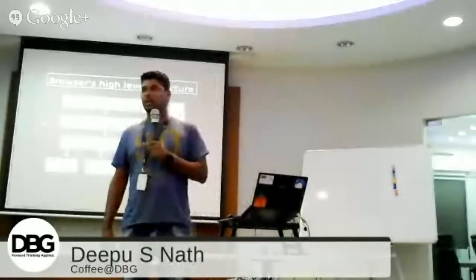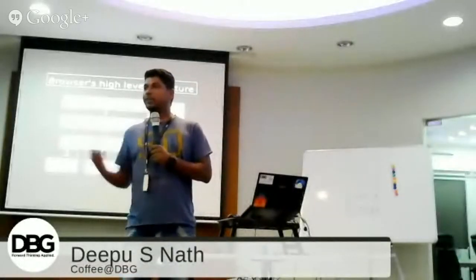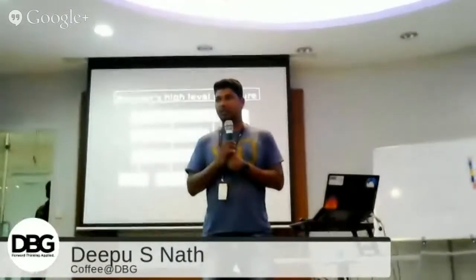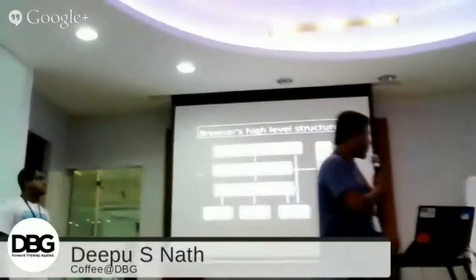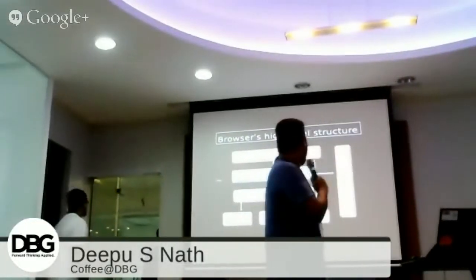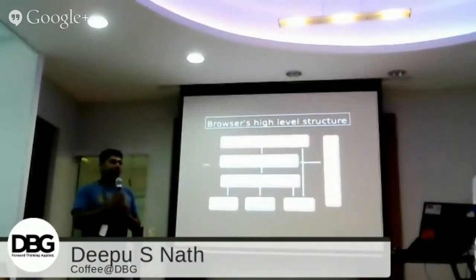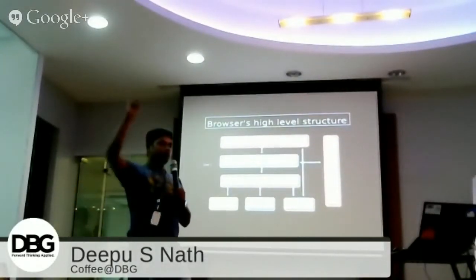So what happens when we actually type in www.google.com in a browser? How does this website get loaded in our page? That is our need, right? Actually the request gets passed to the browser engine, and then it goes to the networking component because it needs to identify the server and take the request to that server.